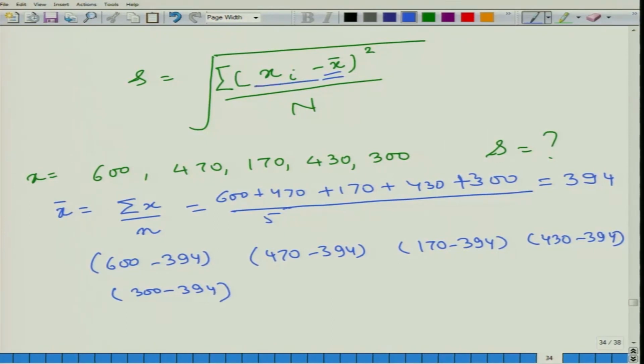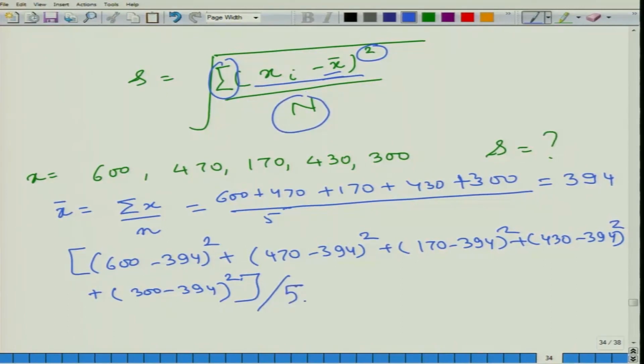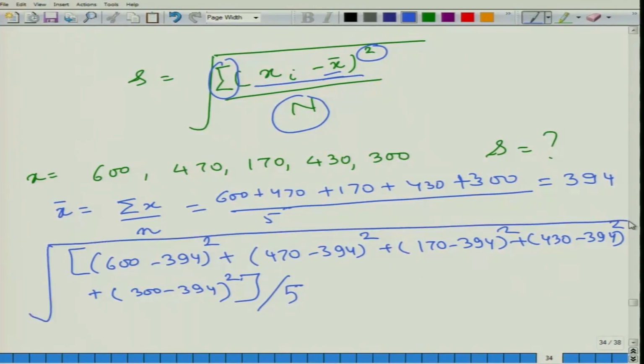So, we take xi minus x bar, then we square all of these, then we add all of these. Once you have this whole value, you divide it by n, n here is 5, and then you take a big square root over all these values. So, when you calculate this, you get it as 147.32.